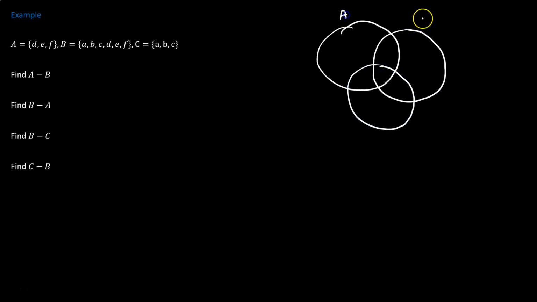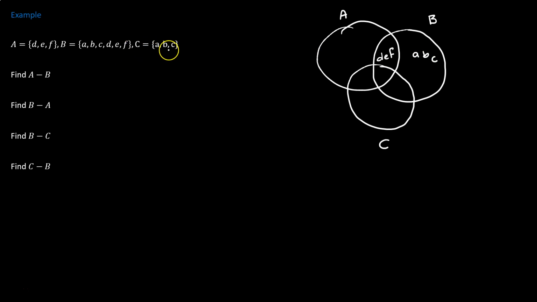So we'll label them A, B, C. In the set A, I have D, E, F. I'll write those here for now, but I might have to move them into these intersection spaces. The set B has A, B, C, D, E, F. Well, notice D, E, F, we already have those in A. We have to move those into the overlap. Then B will have A, B, C.